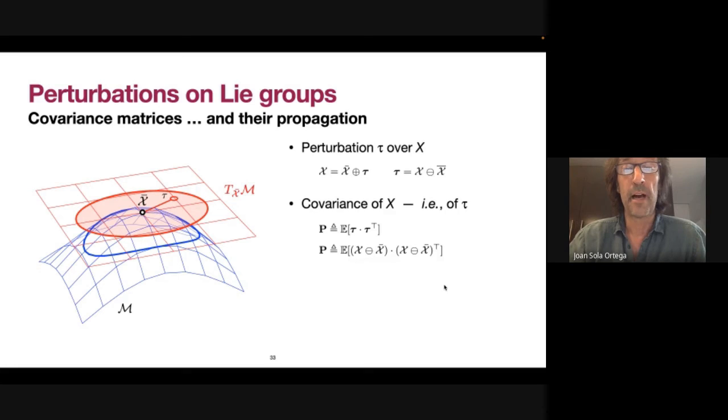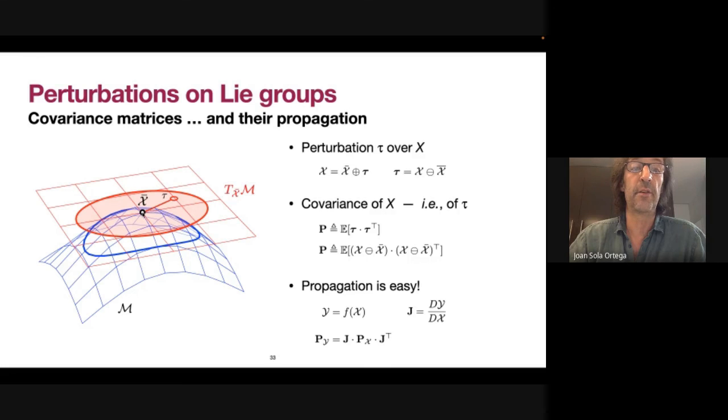And then if you want to propagate this covariance through a nonlinear function, for example, y equals f of x, this brings the point to somewhere else in another manifold. You have y, and you want to propagate this uncertainty to the other manifold. Very simple. You compute the Jacobians of this function as we just saw, and you multiply left and right as we usually do in vector spaces.